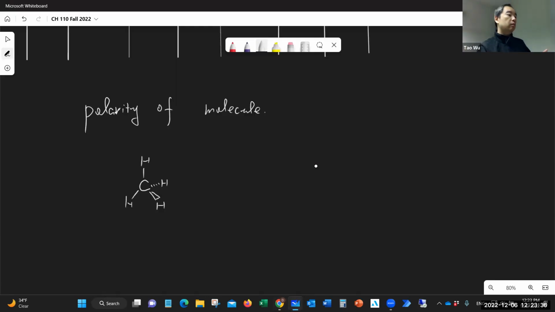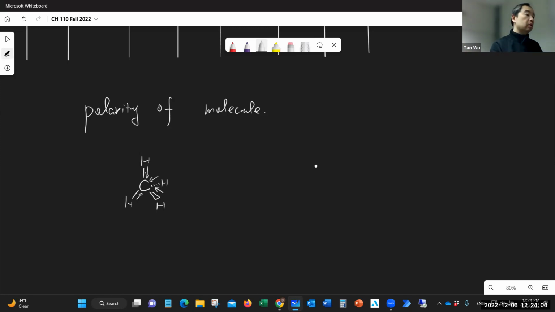So for this kind of molecule, although there are polar bonds, for example, the carbon is pulling the electrons toward the center, since there are four hydrogens, those four pulls all cancel each other. In other words, the electrons are distributed evenly over all the atoms.